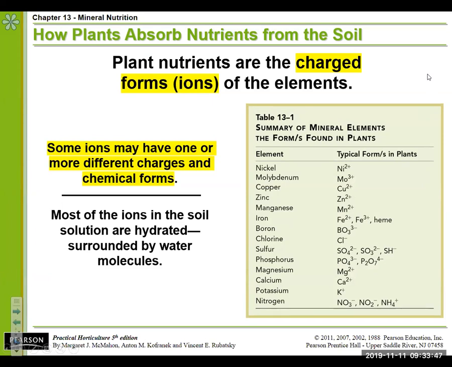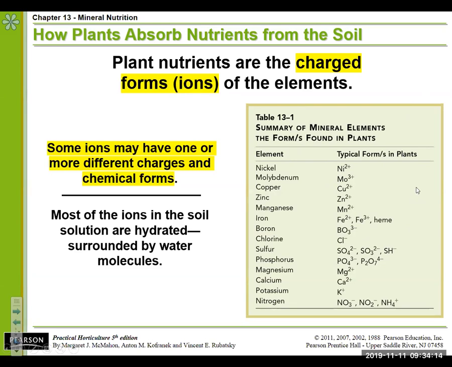Rarely do any elements actually exist in their elemental form. So we have different charges of these elements and these ionic forms. We have the cations that are positively charged, and the anions that are negatively charged, and that's how they are actually taken up into the plants.